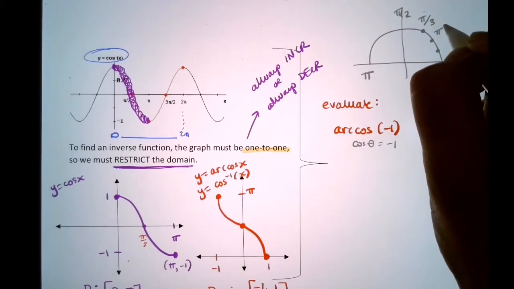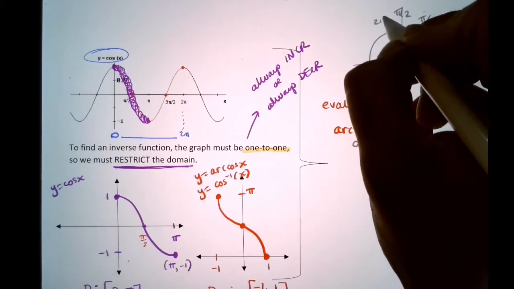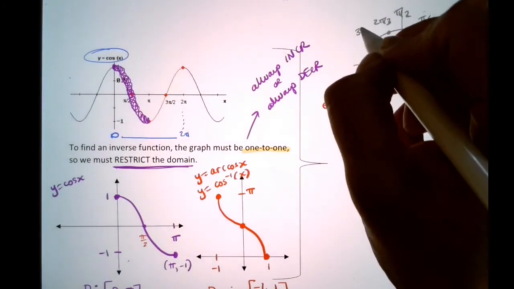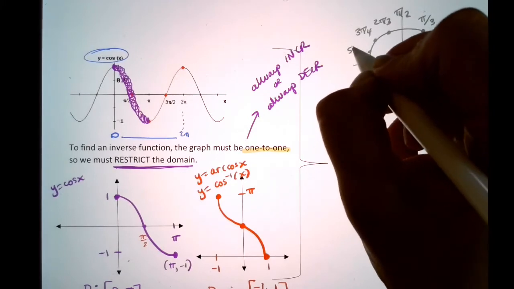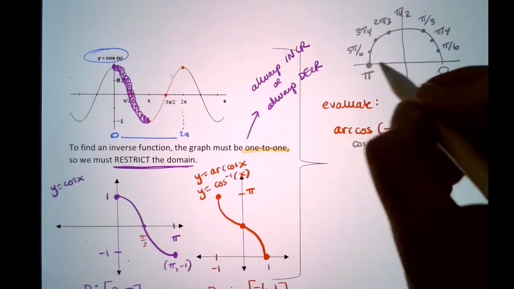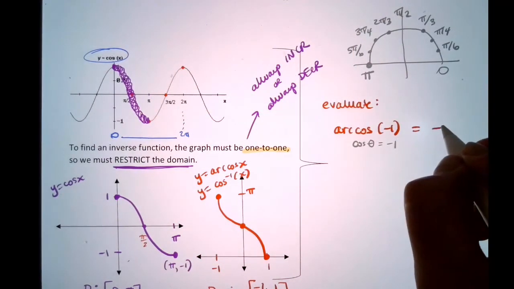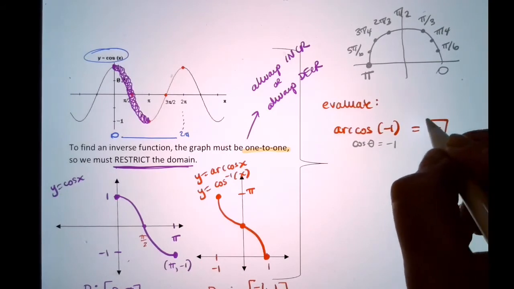This is pi over 4. This is pi over 6. 2 pi over 3, 3 pi over 4, 5 pi over 6. So I need to find where the cosine value, or the x-coordinate on the unit circle, is -1, and that is happening right here at pi. So my answer for the arc cosine of -1 is pi.